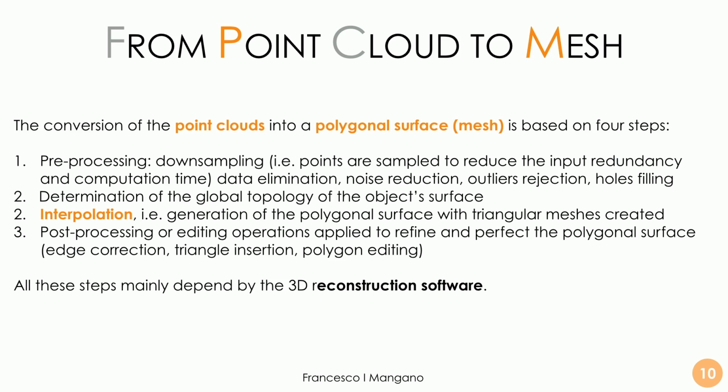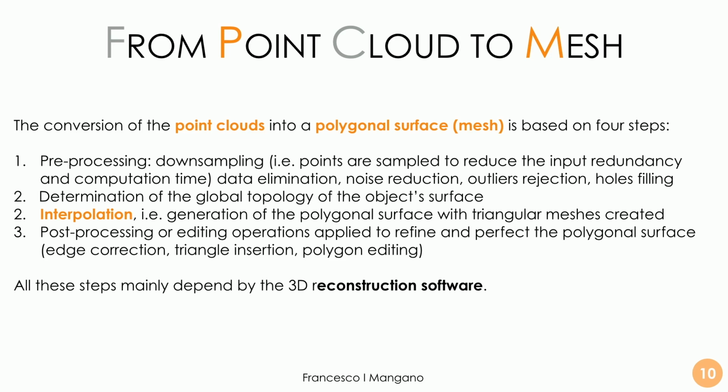Anyway, when we go from the point cloud to the polygonal surface, to the mesh, to the triangles, we have basically four steps that we can consider. We need to remember a pre-processing, a downsampling. So points are sampled to reduce the input redundancy and computation time. So there's a sort of data elimination, noise reduction, the outliers are rejected, the holes are filled.